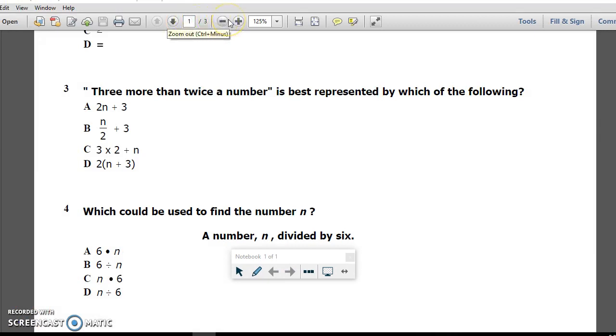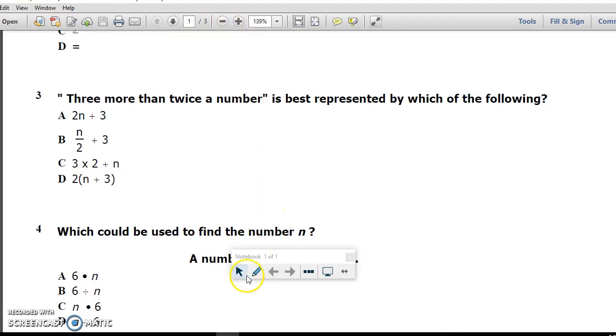Okay, number 3 says 3 more than twice a number. So we go back and look at our verbal expression, looking at our keywords. 3, of course, we know means the number 3. More than means plus. So we're adding 3 to a number.